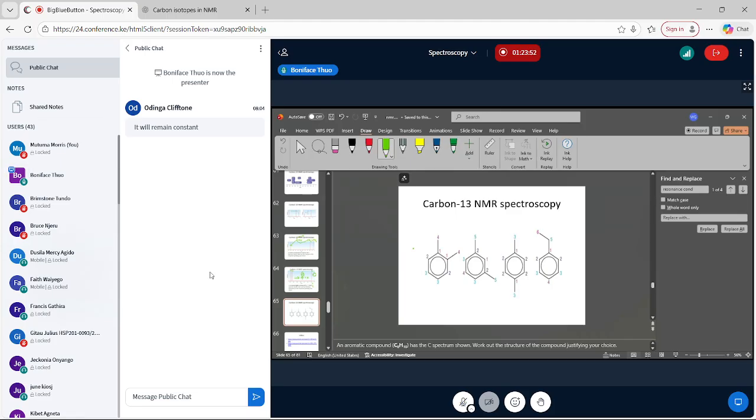So the structure that meets our current information is that structure. So we can comfortably say that the first compound satisfies the observation of the spectrum that we have.